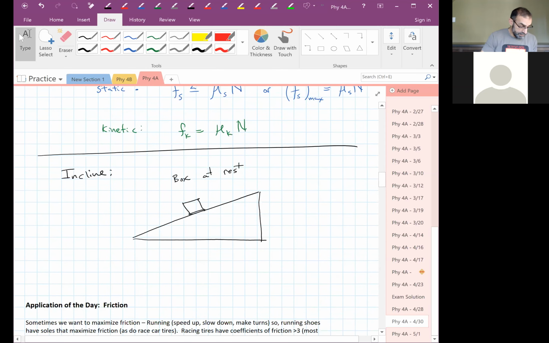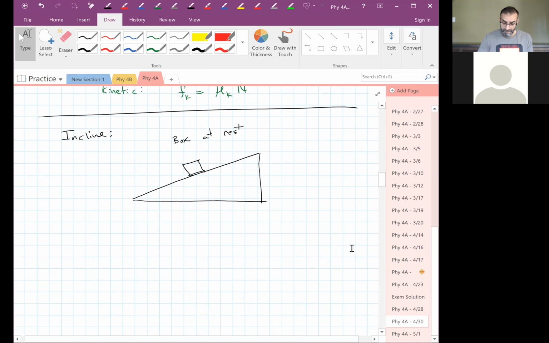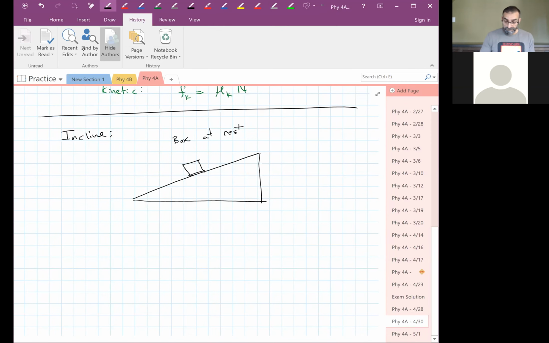Okay, let's draw our free body diagram. Are you drawing a free body diagram?